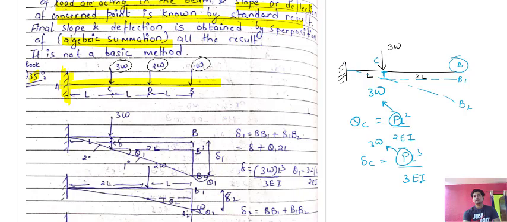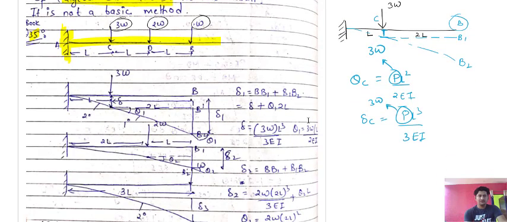Now we will be calculating the deflection at B point and slope at B point. For that, what you will do? For calculating the deflection at B point, the deflection from here to here is this delta C, and from B to B1 will be the same, because I have drawn a straight line here, and the vertical deflection will be the same from B to B1.